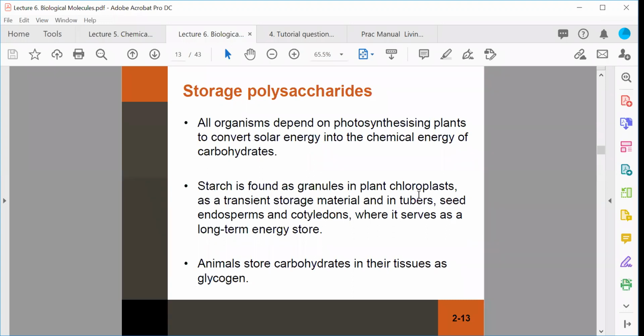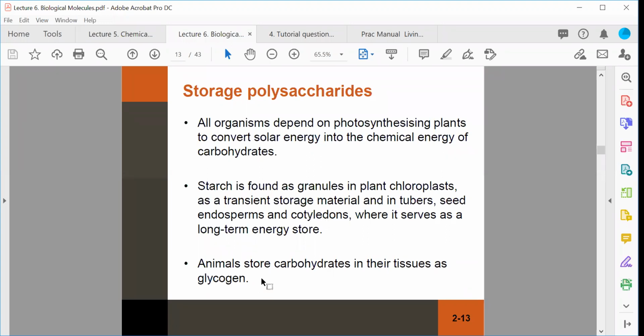That's where photosynthesis occurs, and as transient storage material, and also in tubers, in seeds, in young cotyledons, and so on. So animals, of course, store carbohydrates in certain tissues as glycogen.